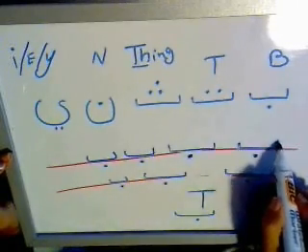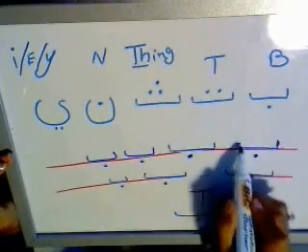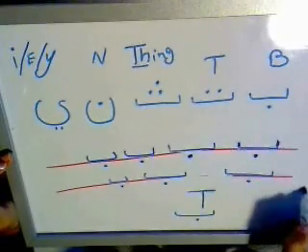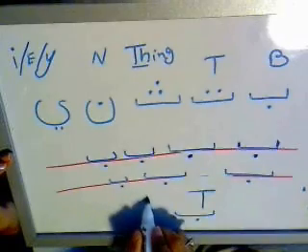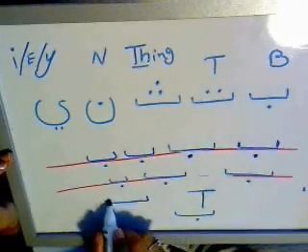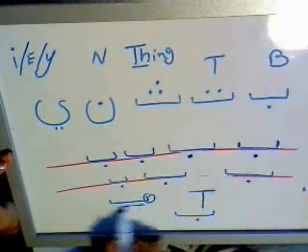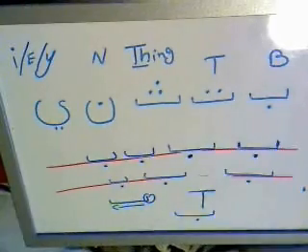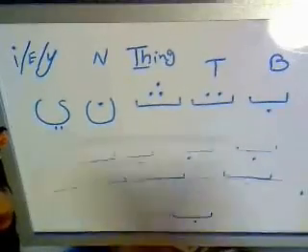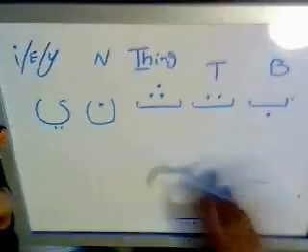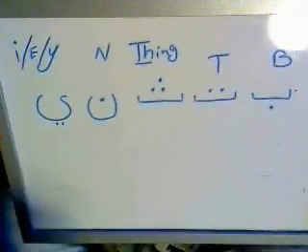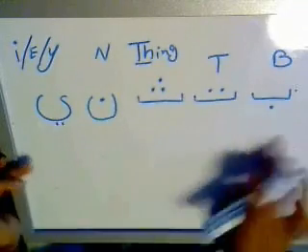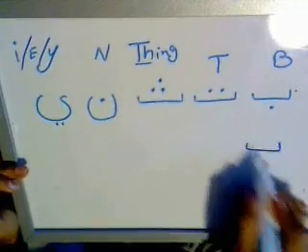Make sure though that these are short. These must be shorter than this. Okay, so this is the letter ba. I will erase everything, and I will write again the letter ba. This is the letter ba.